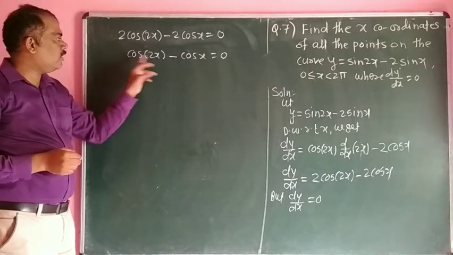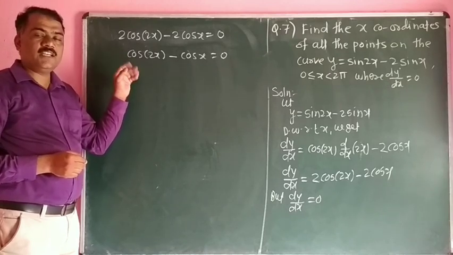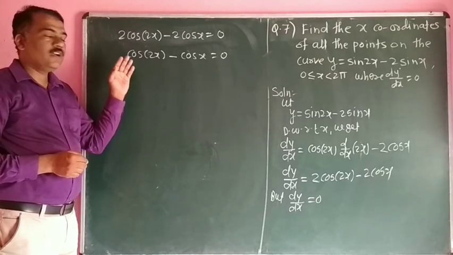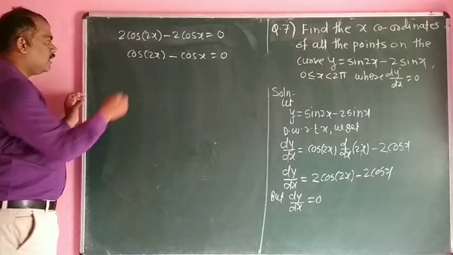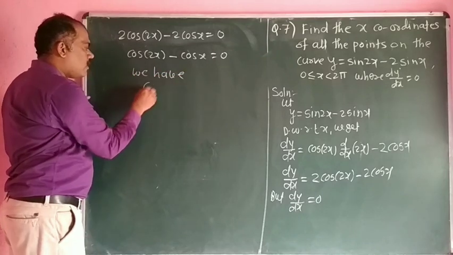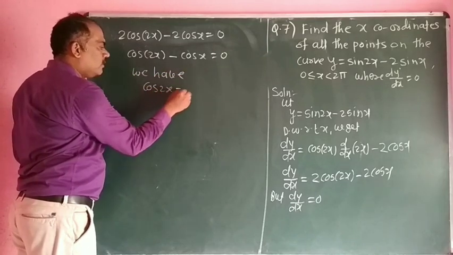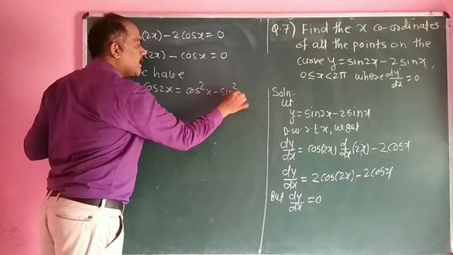We have to know the value of cos 2x. What is the value of cos 2x in terms of cos x? We have to know the formula: cos 2x is equal to cos square x minus sin square x.